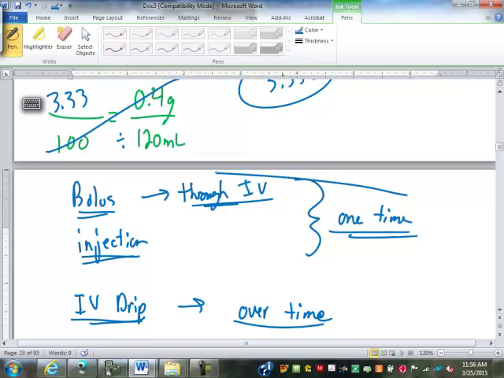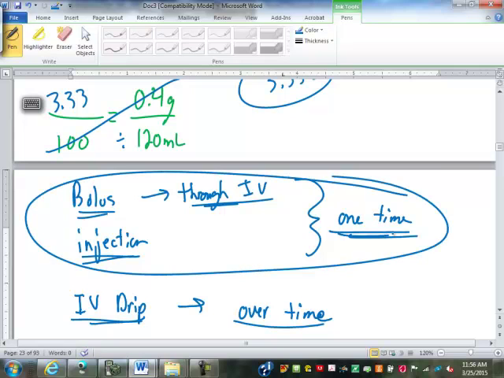So what we're going to be looking at right now is these, and by one time, I mean it may be all at once, and it may be given at regular intervals. It may be every 4 hours or every 8 hours, but all the medication is given at a single dosage each time and not spread out over time like in an IV. So even though the bolus is injected into an IV, it's injected in a way so that it goes directly into the bloodstream all at that single time.